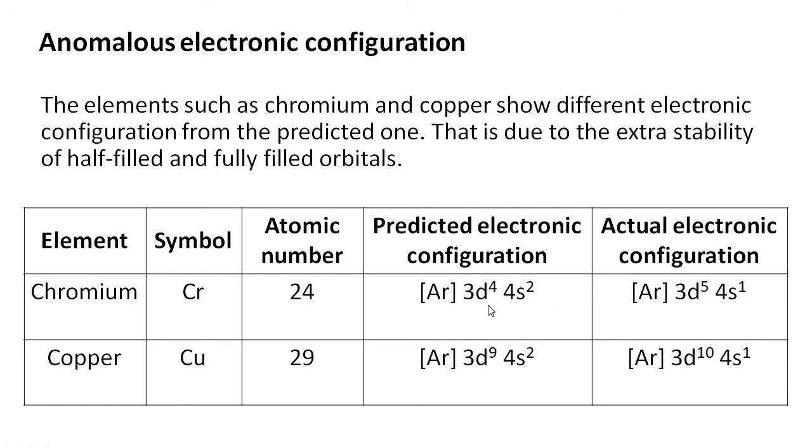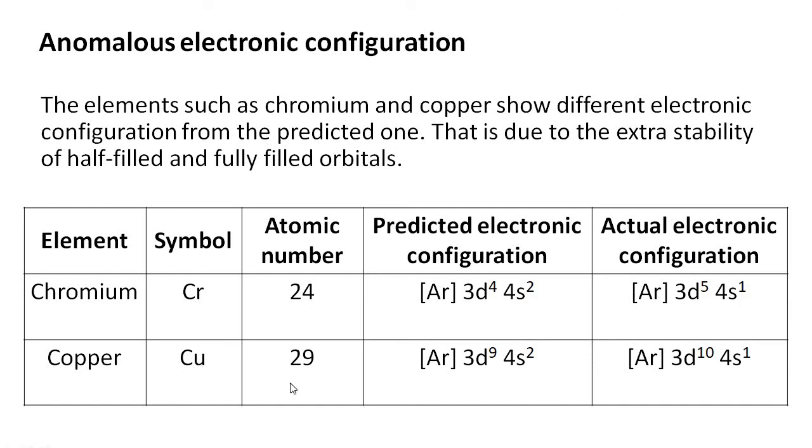Here, one of the electrons from the 4s orbital shifts to the 3d orbital, thereby showing argon 3d5 4s1 configuration. See here, the orbital is half-filled, thereby acquiring extra stability. Therefore, this is the actual electronic configuration.